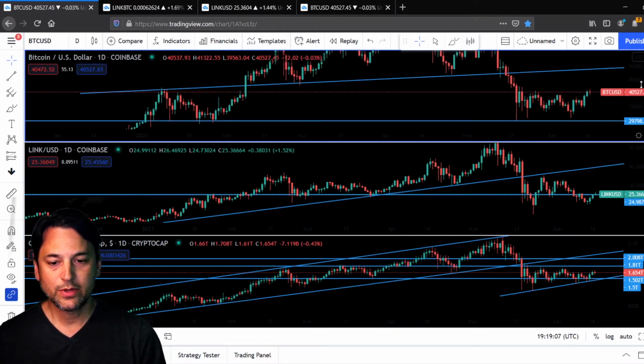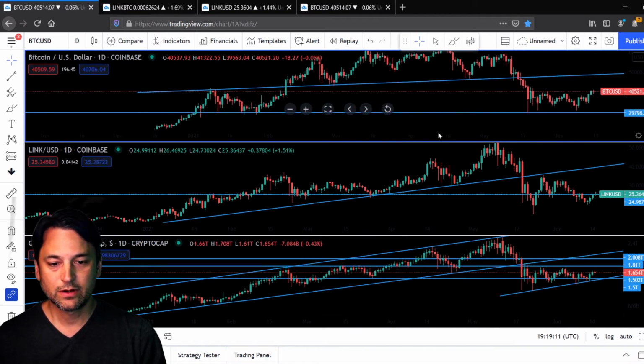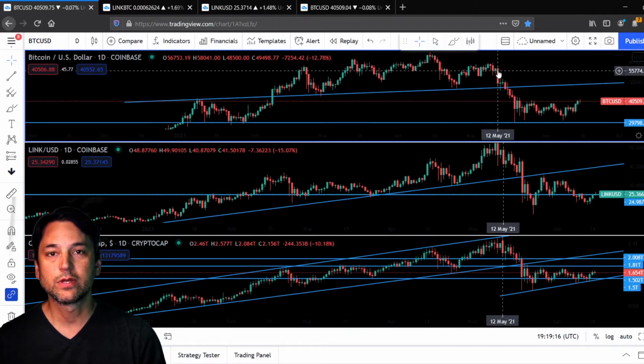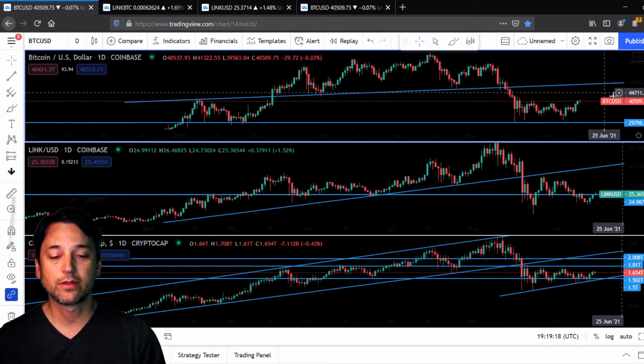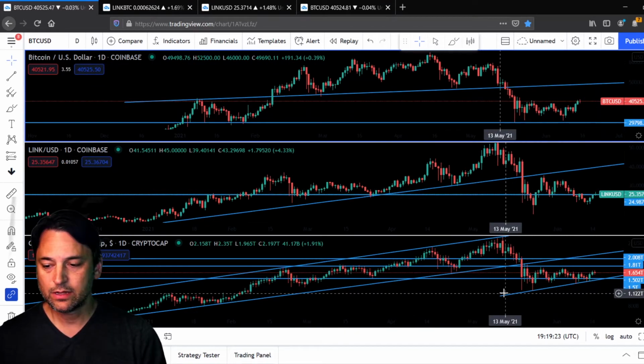Okay. So at the top we have Bitcoin, and these are all daily charts, meaning that each one of these bars, which we call candles, represents one day. Okay, so let's take a look at what we have here.